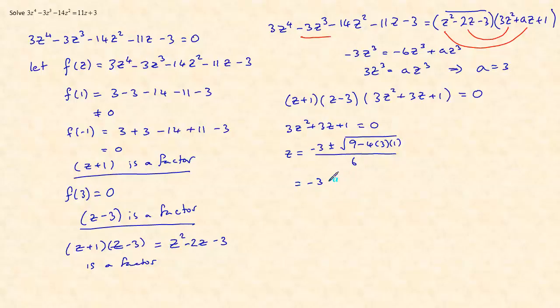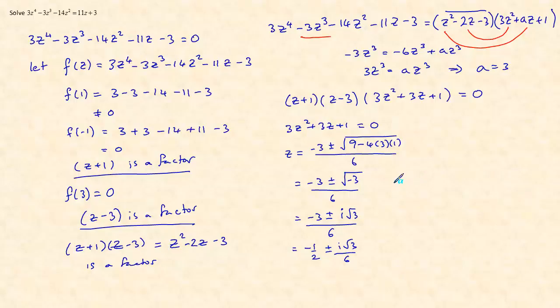So that's negative 3 plus or minus the square root of negative 3 over 6, which is negative 3 plus or minus i root 3 over 6, which we could write as negative a half plus or minus i root 3 over 6.